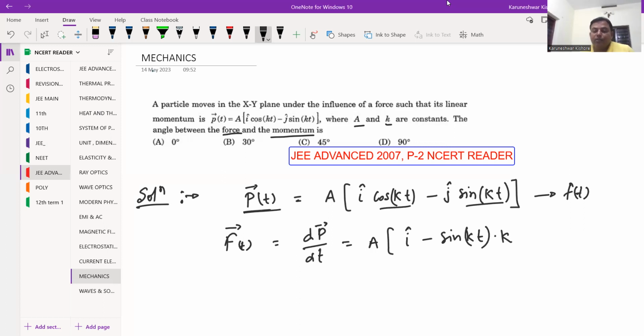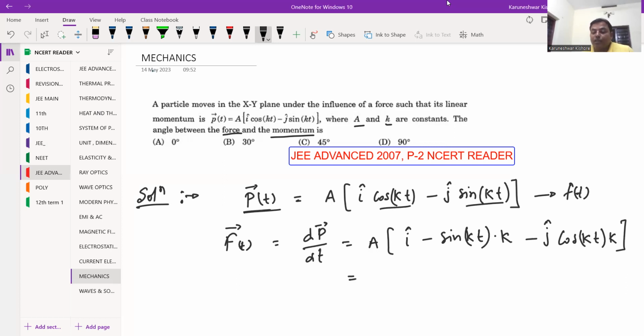This is the first term of the force function. Then the differentiation of sine is cos, so here it will be cos kt, and we multiply by the coefficient of t by the chain rule. You know it very well. This is a very easy kind of question.